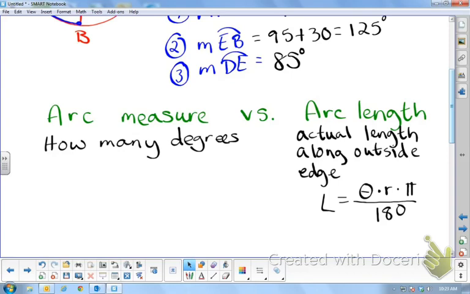Theta is commonly used to represent an angle. What do I mean by r? Radius. Pi is 3.14. 180, just a number. You don't need to know what those mean. So arc length, we needed a formula. Arc measure was just our central angle.